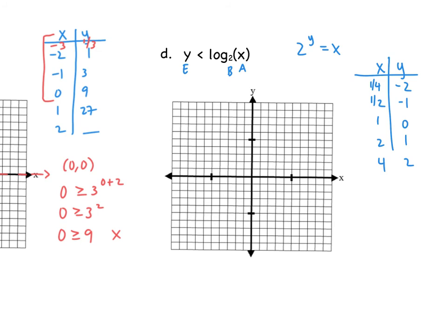Other issue, a lot of you came up with that table, but then didn't graph it right. So 1/4, -2 is about right here. 1/2, -1 is here. 1, 0. 2, 1. 4, 2.